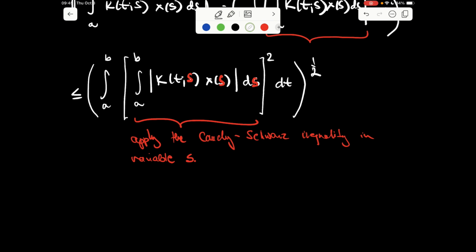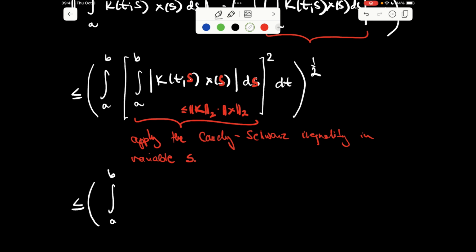Please note that this integral, according to the Cauchy-Schwarz inequality, cannot be higher than the norms of the two functions. So, in the next step, let's use this.